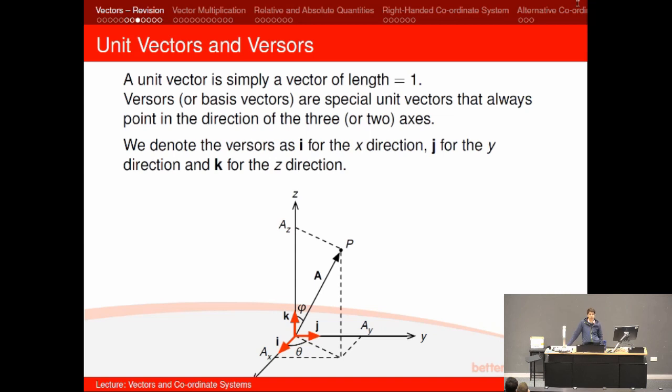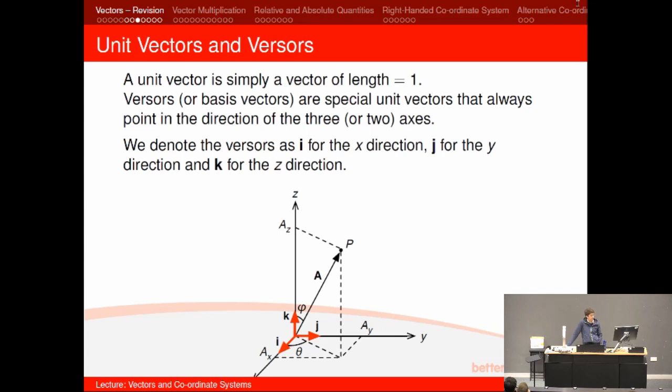You can use the i, j, and k unit vectors. They call them versors, but it's basically a unit vector. Its value is 1, its value will always be 1. So you can always just say i, j, and k, and they help you determine which component of the vector is parallel to the x-axis, the y-axis, and the z-axis. You can see in the red arrows which one is which.